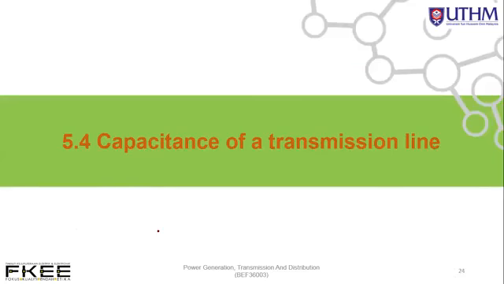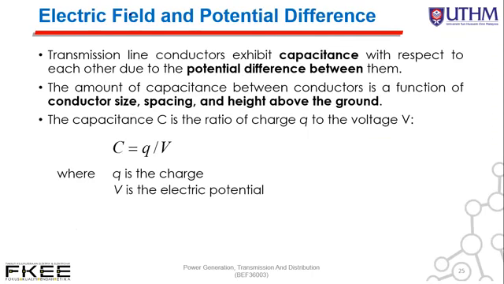Okay, now let's look at the capacitance of a transmission line. Basically, we will look at the electric field and potential difference at the beginning. Transmission line conductors exhibit capacitance with respect to each other due to the potential difference between them. Let's say this is a conductor, so there will be a capacitance between the conductors due to the potential difference.